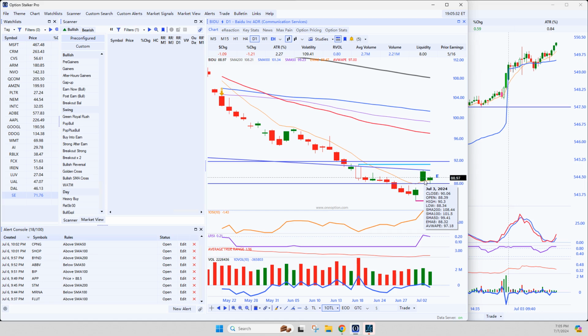So I averaged up, and then on July 5th I exited at 9:55 a.m. at 88.07. So I made $1.41 for the trade, or like 23 cents per share.